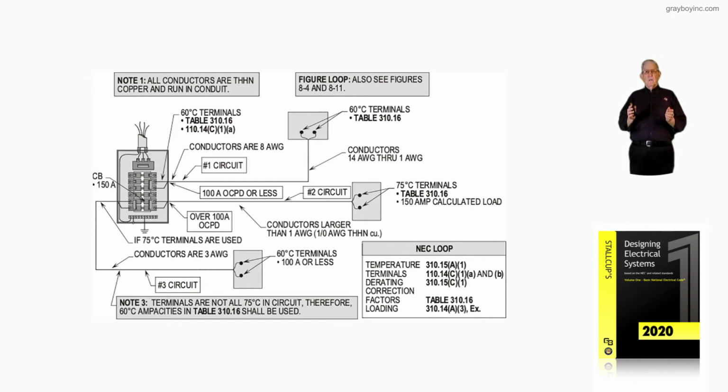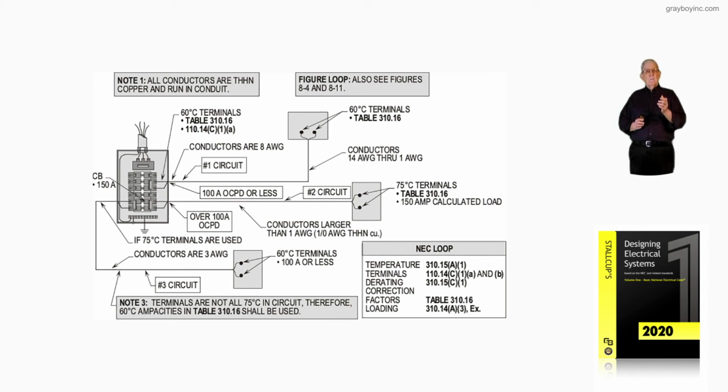Now we're looking at these circuits as if they're in paradise. There are no correction factors or adjustment factors, which you learn all about if you read chapters 8 and 9 in volume 1 of Stallcup's electrical design book, if you care for more material and more detailed explanation.